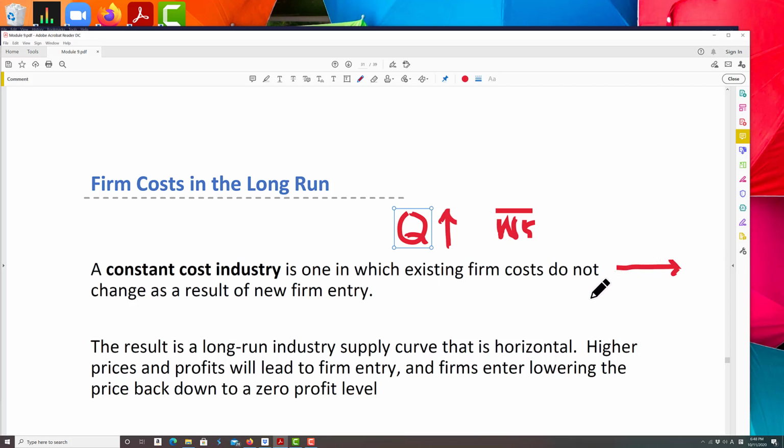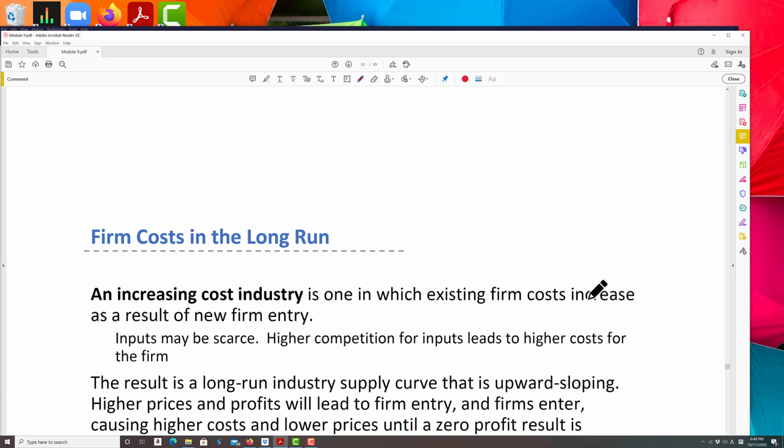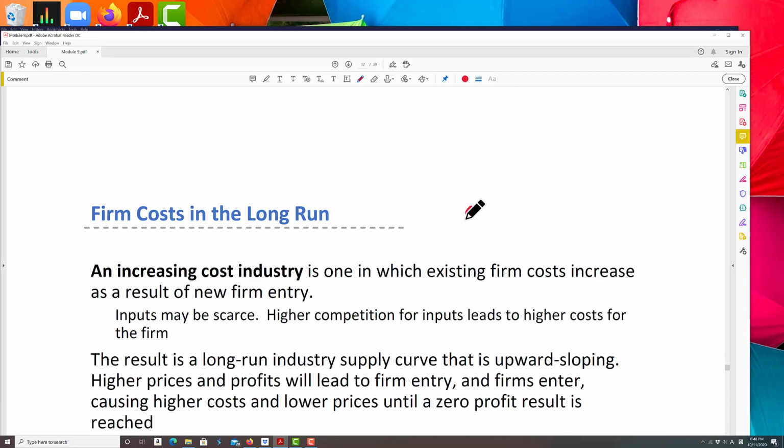But in some industries, as industry output expands, input costs go up, like imported inputs, rare earth minerals.